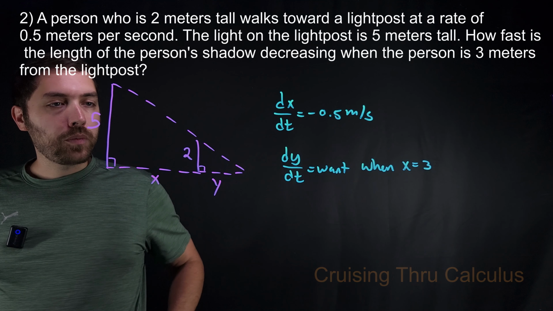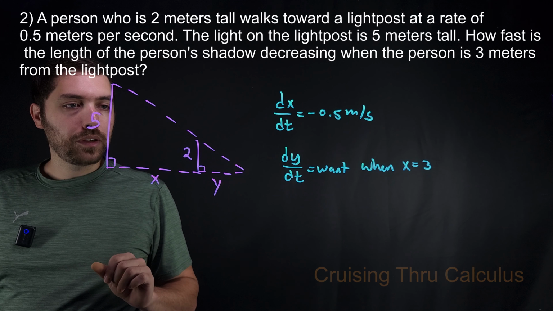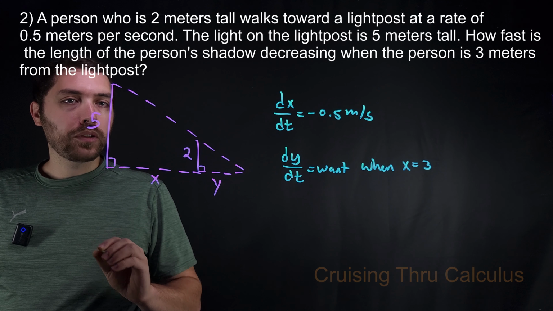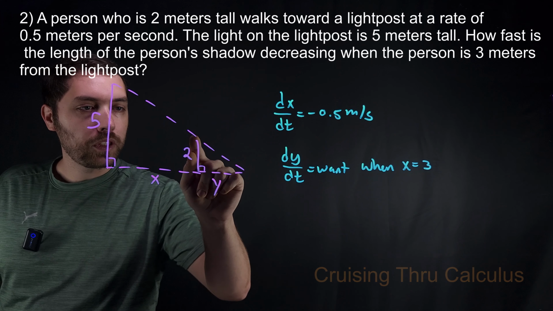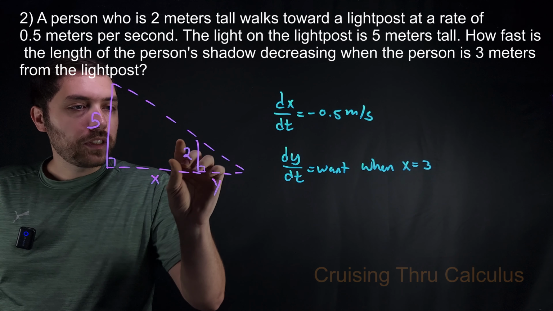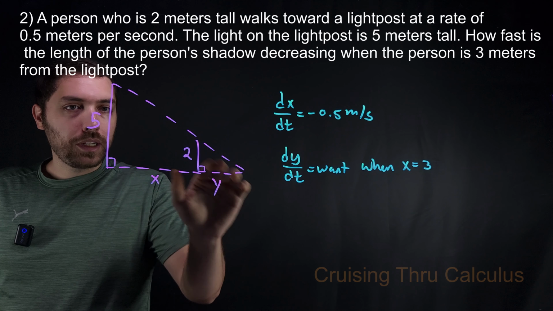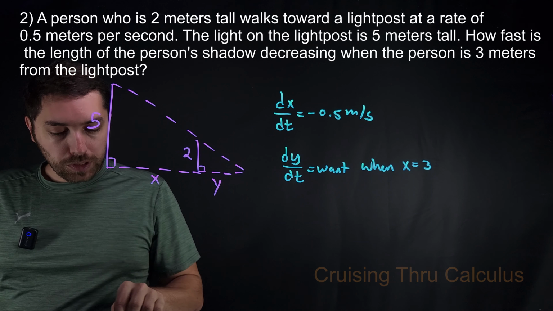Now as you look at this, you may be tempted to try the Pythagorean theorem because there are 2 sides of this triangle here. But actually, you should think of this as a set of similar triangles. We have the larger triangle with this side length 5, and then we have this smaller triangle with this side length of 2. So, because the smaller triangle is nested within the larger triangle, that means we have similar triangles, and we can set up a ratio between the 2.